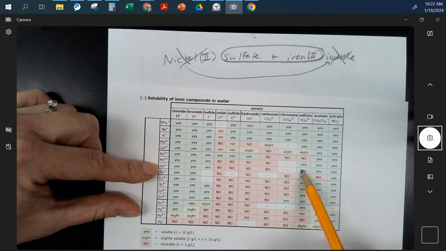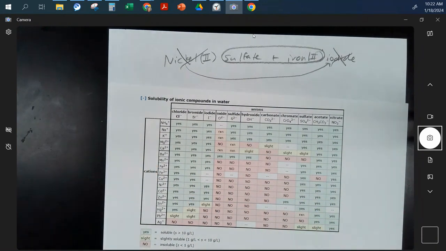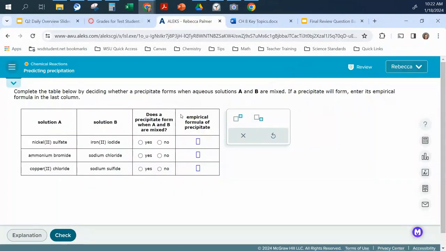Also soluble. Great. So when they're both soluble, then we say, does a precipitate form? Nope. This is a little bit confusing because our chart is saying yes. And if our chart says yes, that means they're soluble, and we're not going to get a precipitate. So it's like inverse. So practice that. Does that make sense? It's a little bit confusing. So no precipitates because yes, they're both soluble.